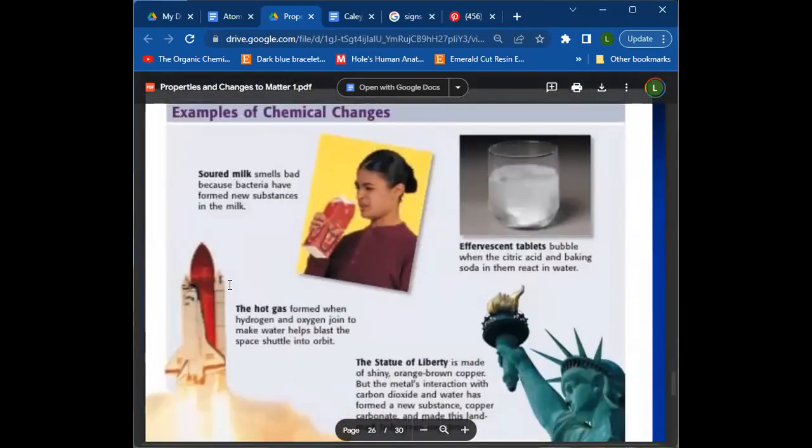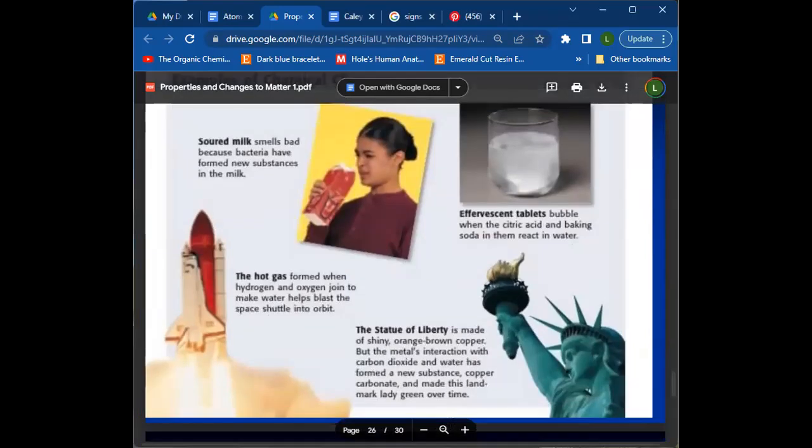Other examples of chemical changes would be soured milk, because bacteria have formed new substances in the milk. And then the Statue of Liberty, that would be an example of a chemical change.